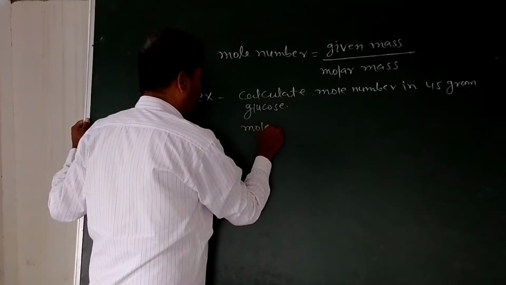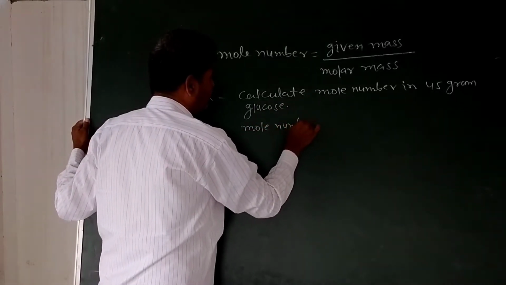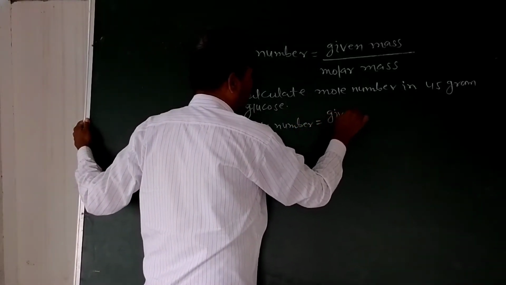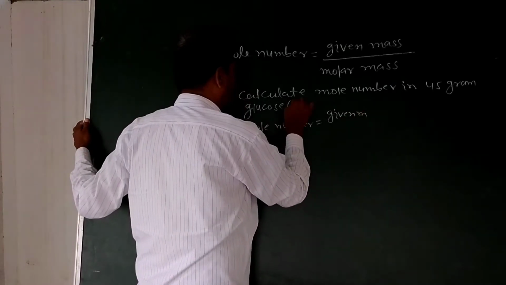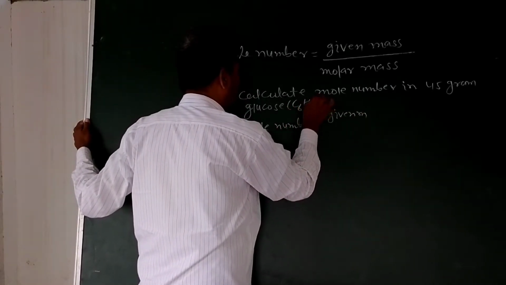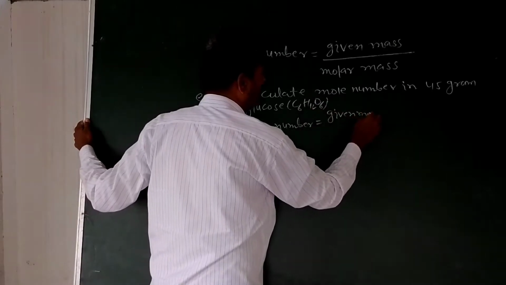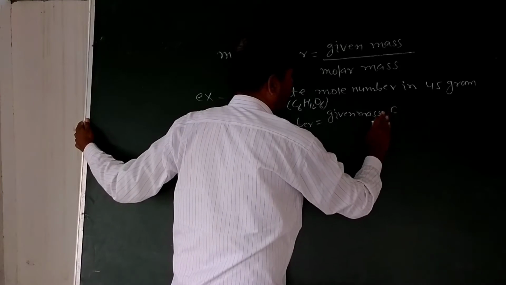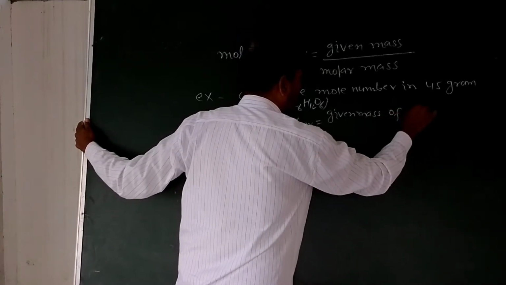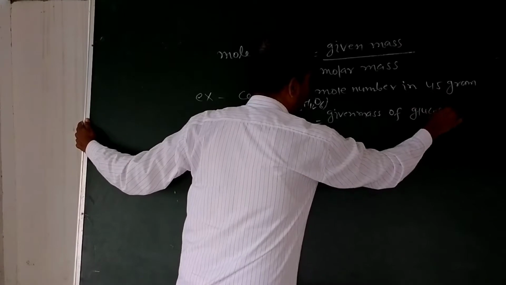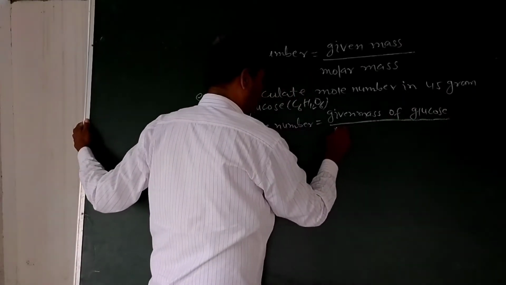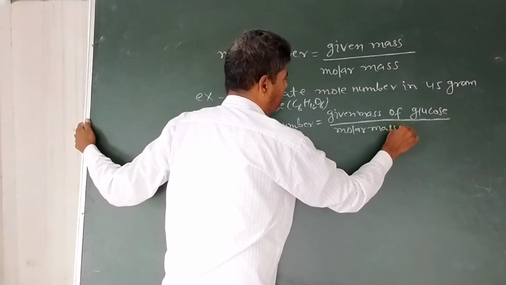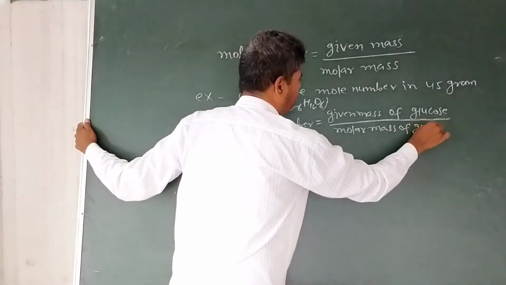The mole number is equal to given mass of glucose upon molar mass of glucose.